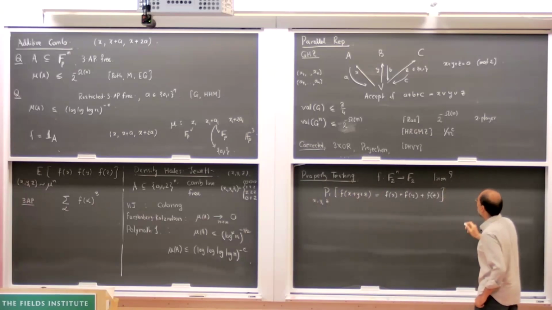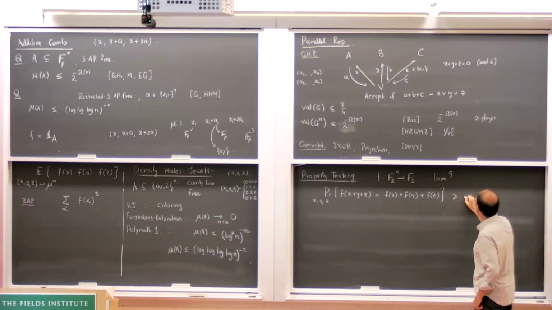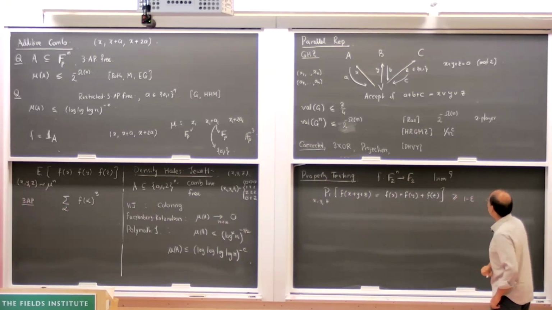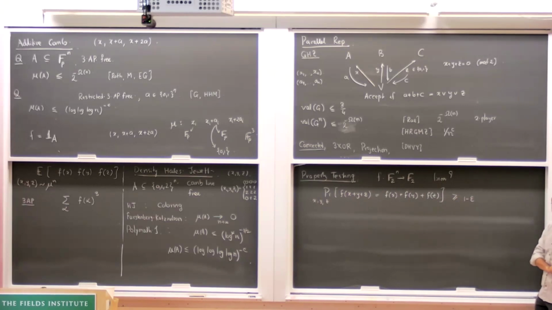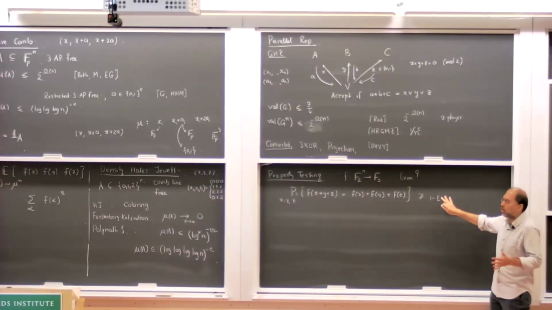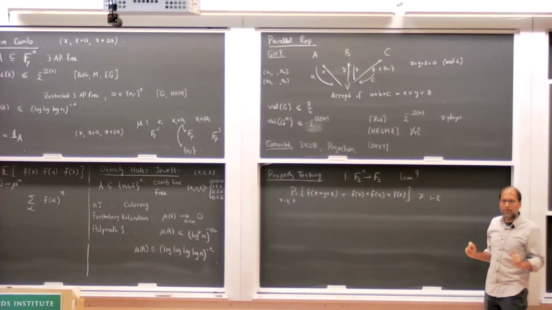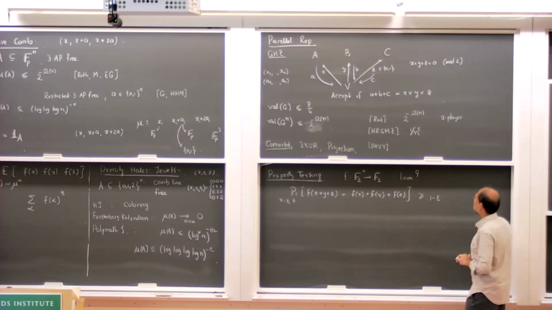So if f is linear, then certainly this probability is 1, right? So you expect that if the probability is close to 1, then the function is close to being linear in Hamming distance, except for maybe an order epsilon fraction of the inputs. And that indeed is true.